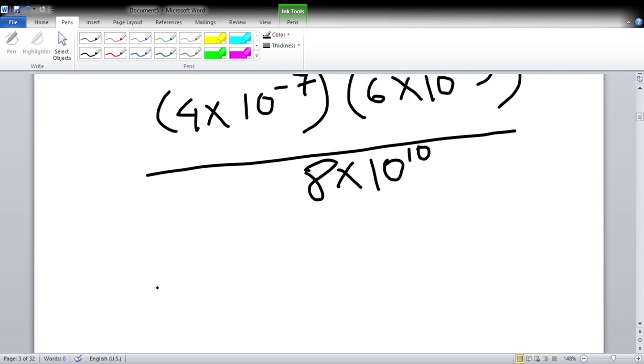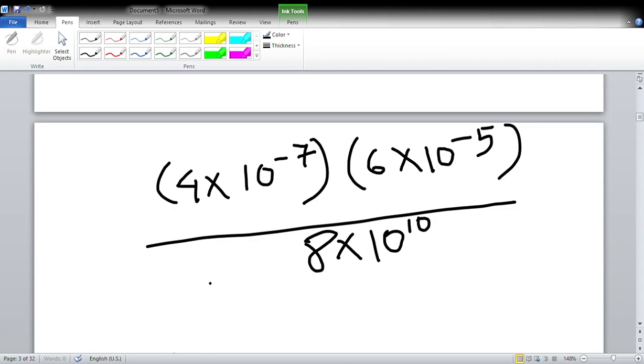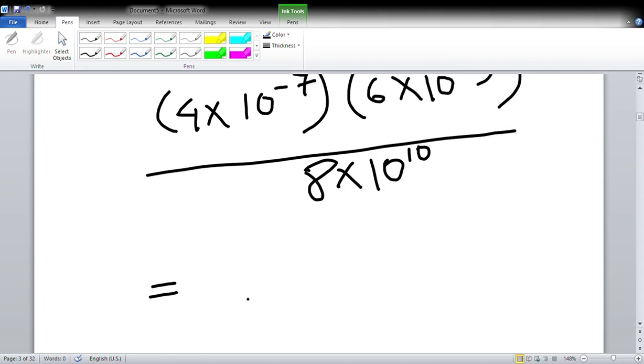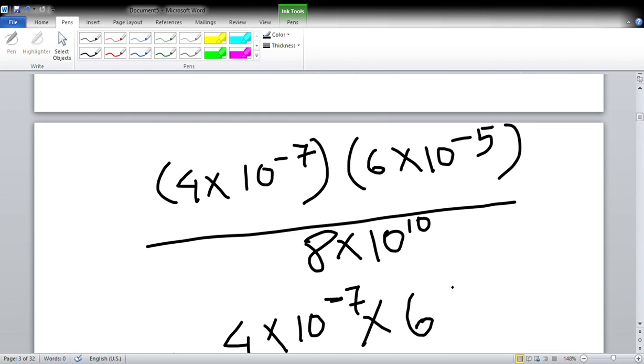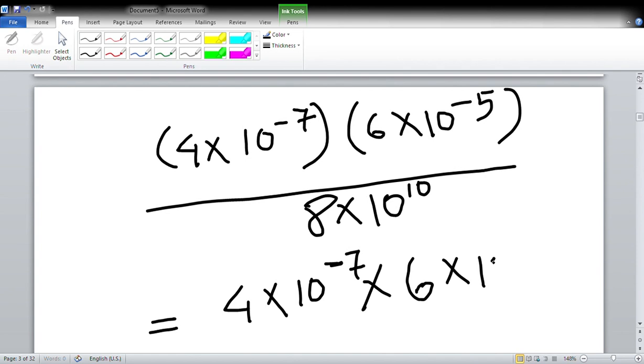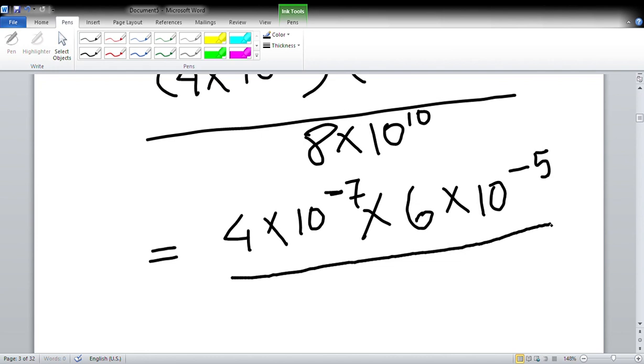So simple, what is happening? We can make it a multiplication that way: 4 into 10 to the power minus 7, again multiplied by 6 into 10 to the power minus 5, and on the denominator side 8 into 10 to the power 10.